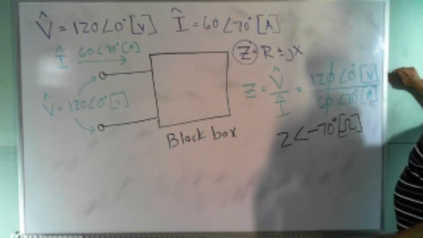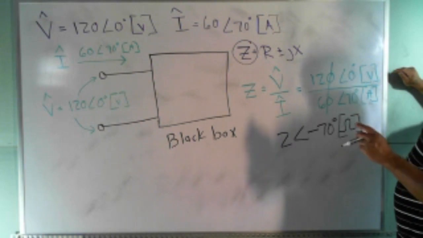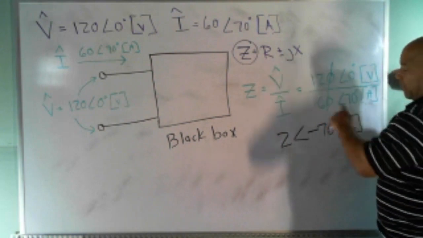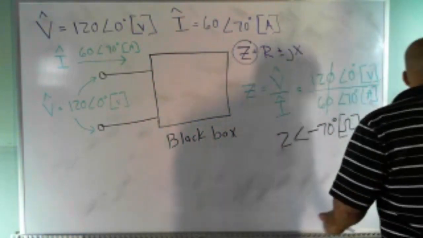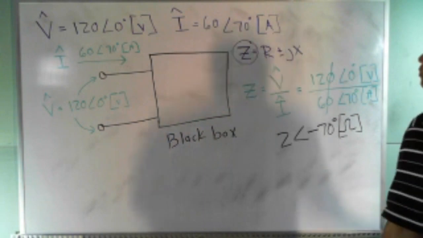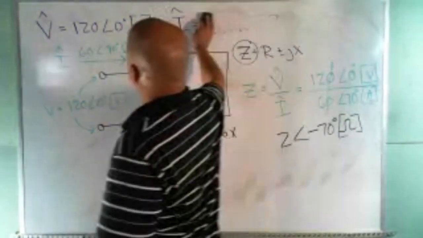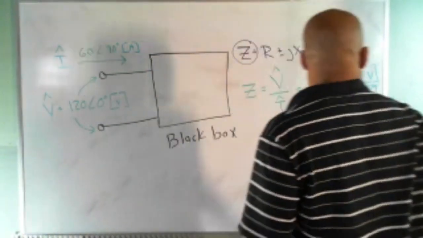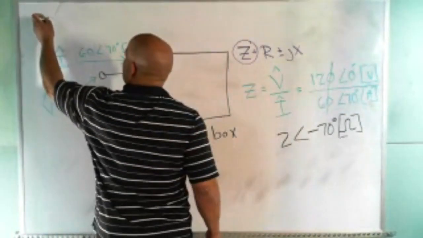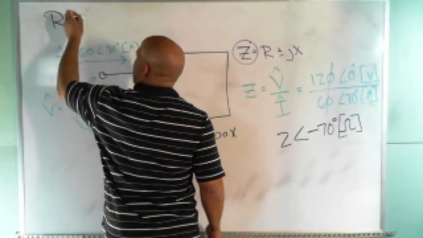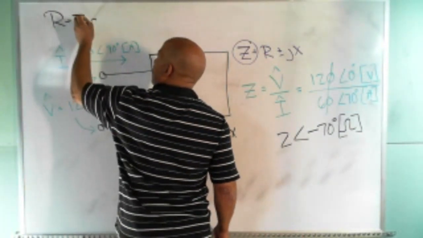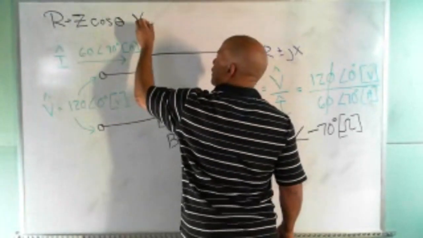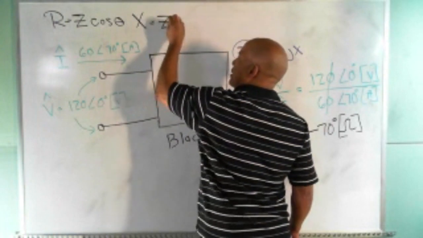And now what I want to do is take that impedance and convert it from polar form to rectangular form, and it'll tell me the R and X value that makes this up. So let's go ahead and convert that. If I want R, remember R equals Z cosine of the angle, and X equals Z sine of the angle.